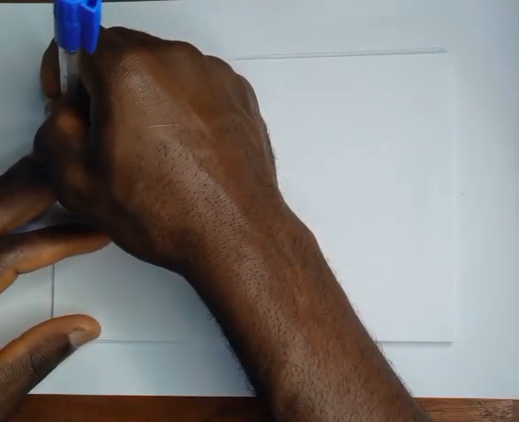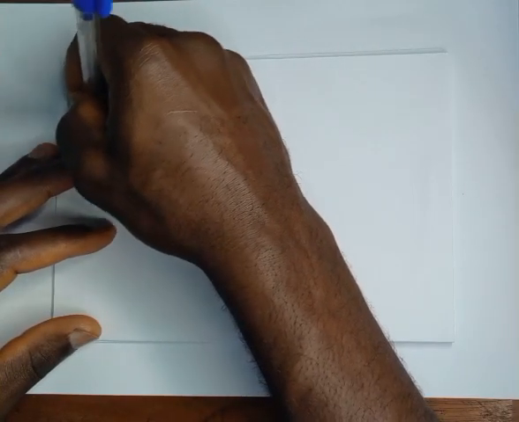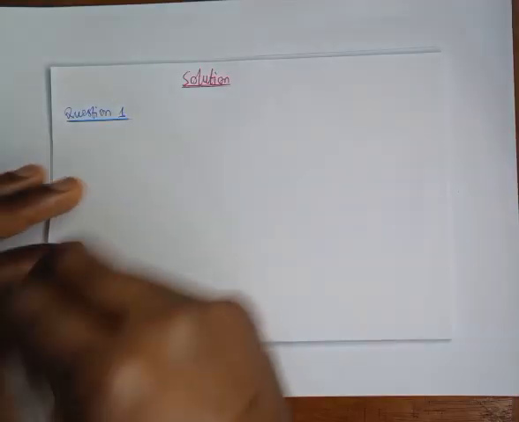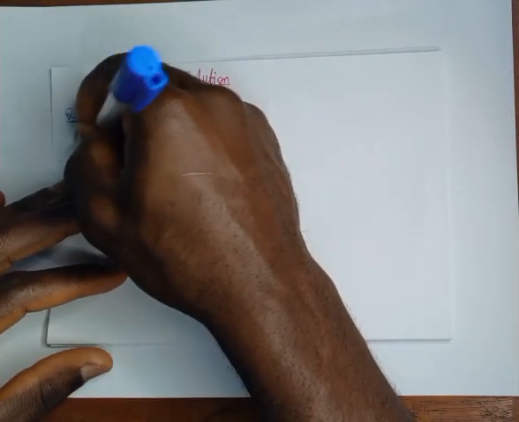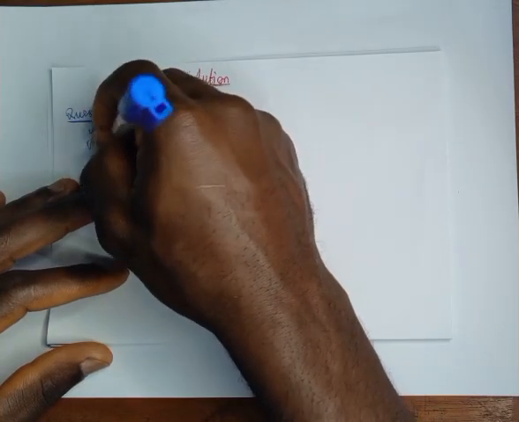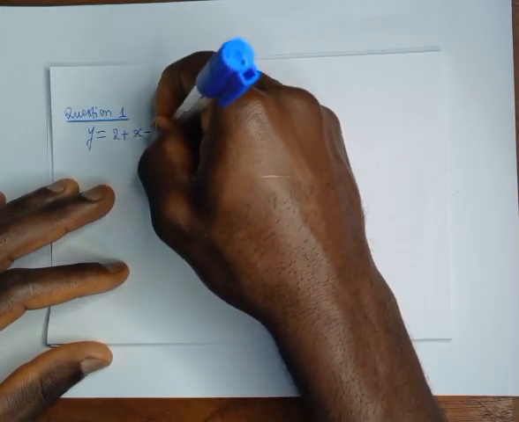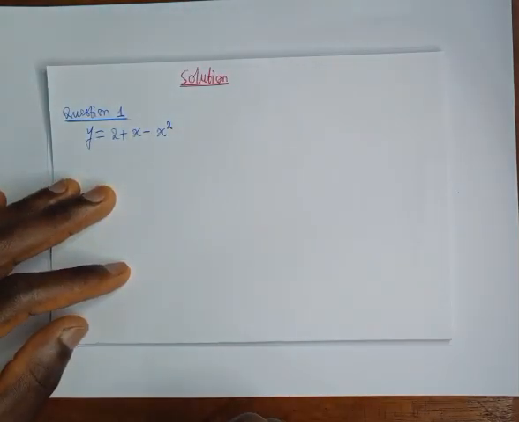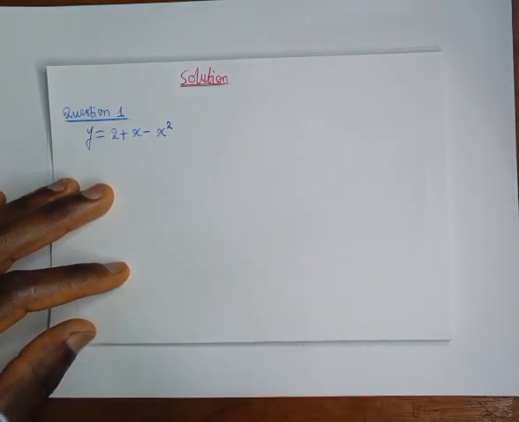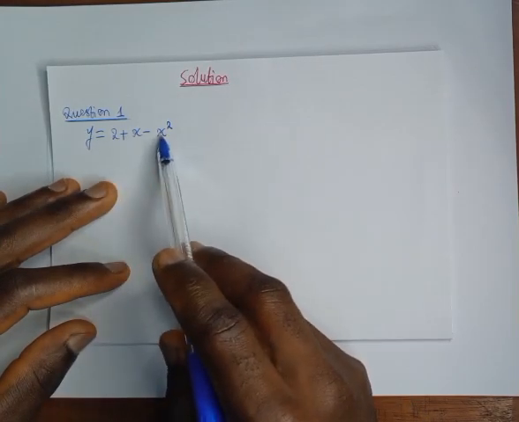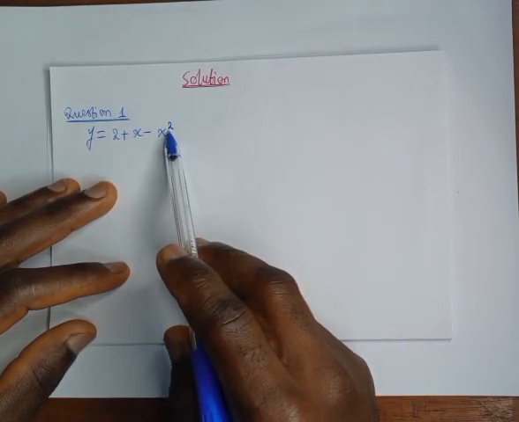Question 1. We have been given that y is equal to 2 plus x minus x squared. This is a quadratic function because the highest power of x is 2.